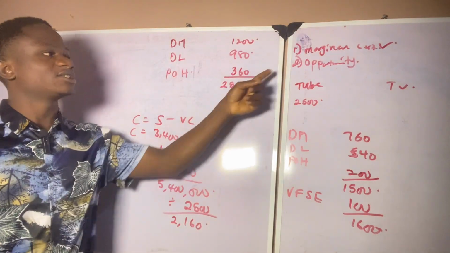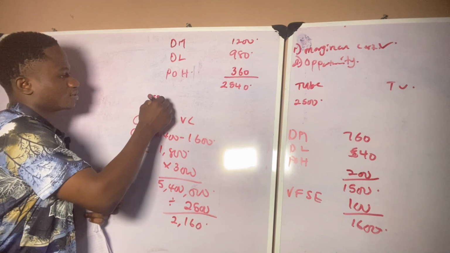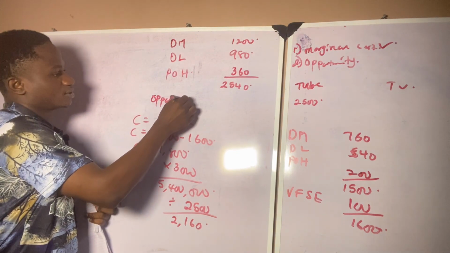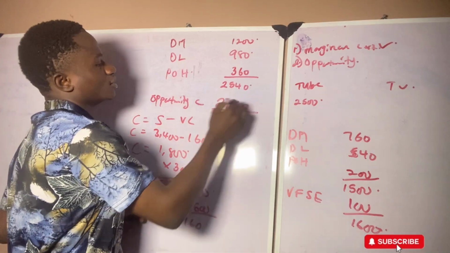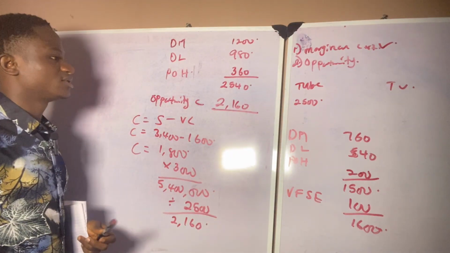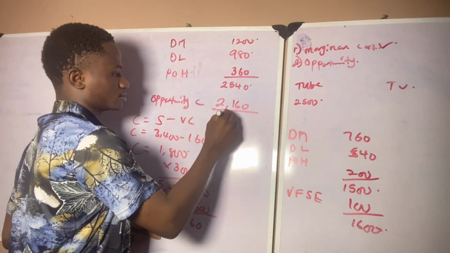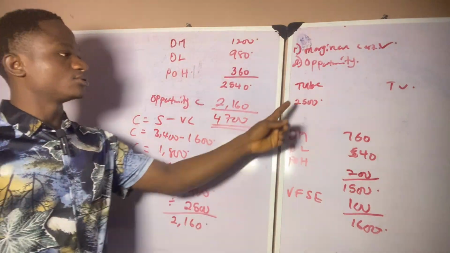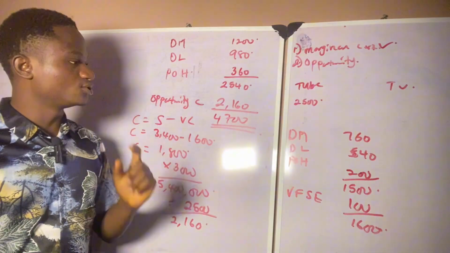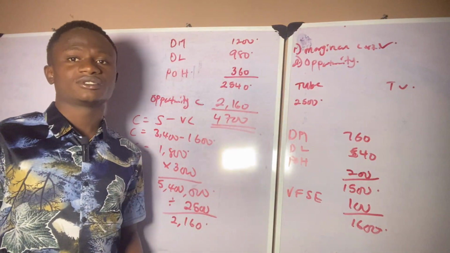So since this is my marginal cost, and I've gotten my opportunity cost, my opportunity cost is also 2,160. So if I add the two together, I will get the amount this guy should sell each unit of this product, 4,700. So this is the amount tube division should sell each of its units to TV division. You should sell each at 4,700.